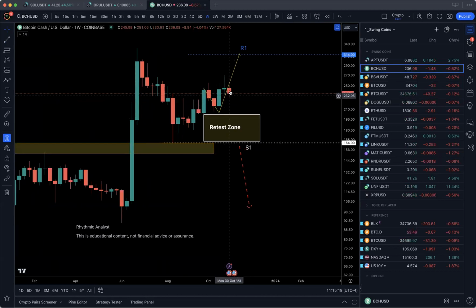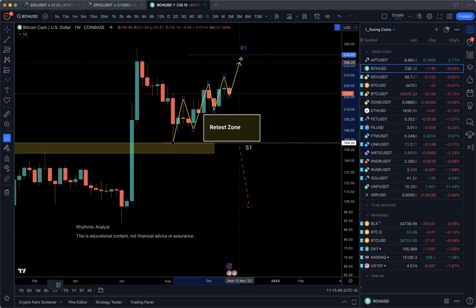BCH is a little weak this week, but I think it's progressing in a zigzag manner. It's like this, and then this, and then this, maybe a little like this, and then something like that. It's not important; each and every turn is not required to be known.